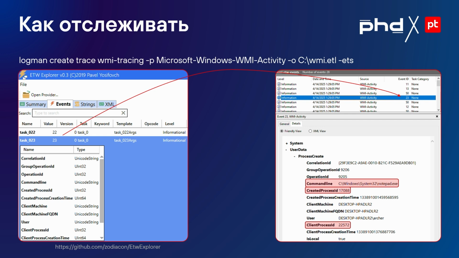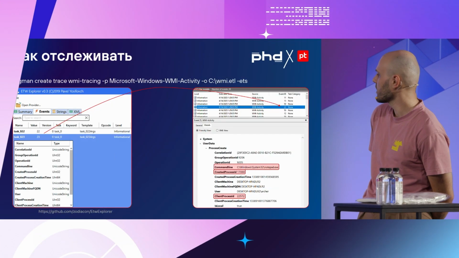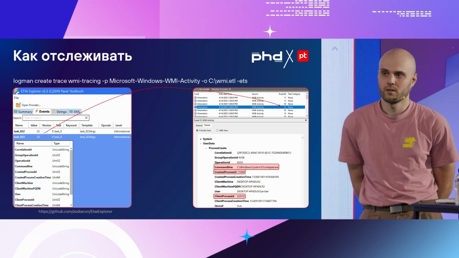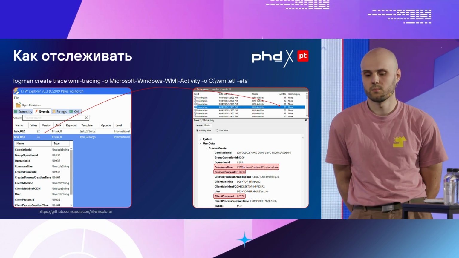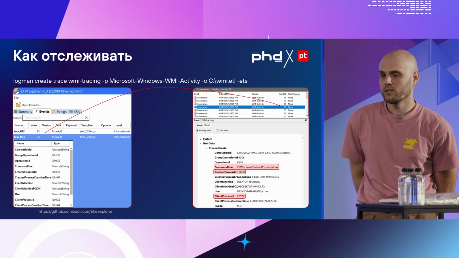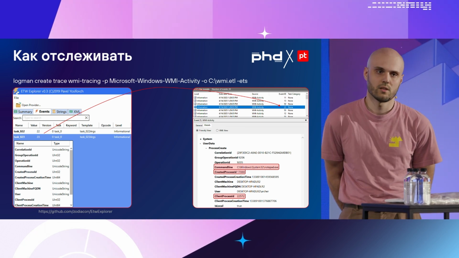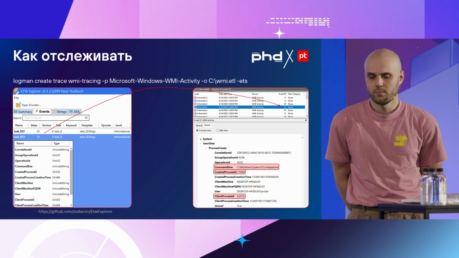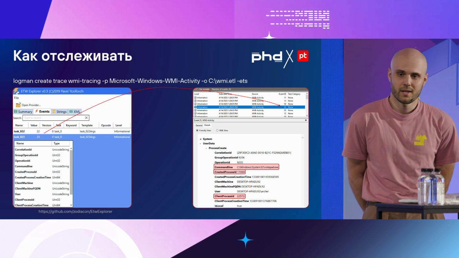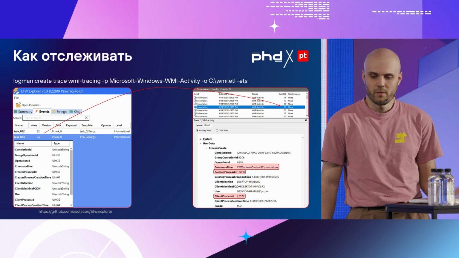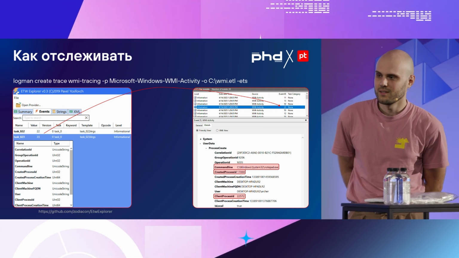I found event number 23, which logs process creation through WMI. You see the command line that was used to launch this process, its ID, and most important, the client ID, the ID of the process that sent that WMI request. This can be used to correlate the client and the process launched.